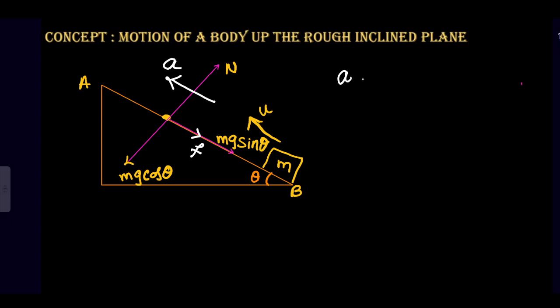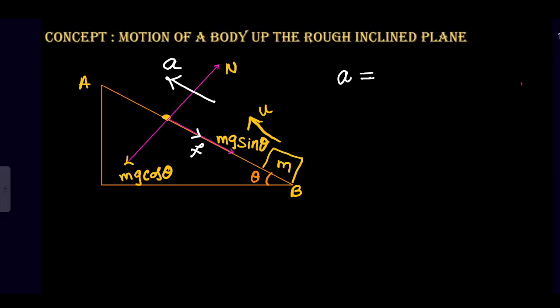Now let's find the acceleration of the body. Acceleration equals net force by total mass. Do we have any force acting along the direction of motion? No, there is no such force. Here mg sin theta is opposite to the body's motion. Frictional force is opposite, but the body moves because of the initial velocity.